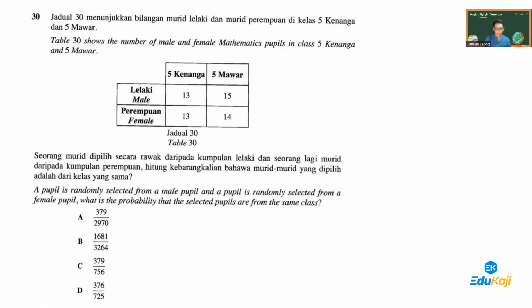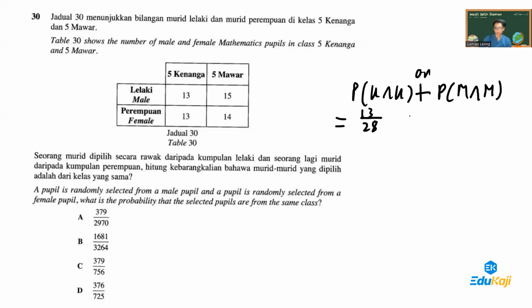Question 30 is just probability. A pupil is randomly selected from male pupils and a pupil from female pupils. What is the probability that selected pupils are from the same class? Means I want probability that both are from 5 Kenanga, or, when it's or, put plus, probability that they are both from 5 Mawa. So boys from 5 Kenanga, 13 out of total, there are 28 of them.